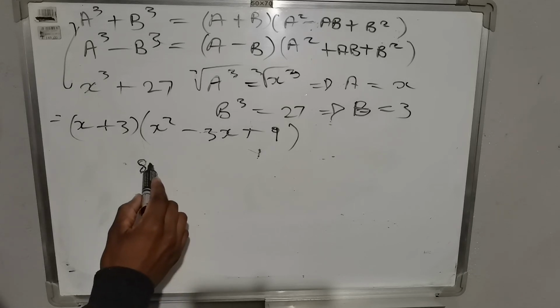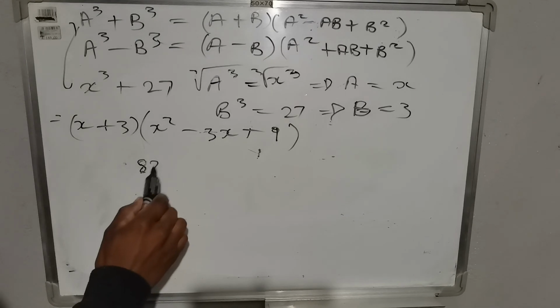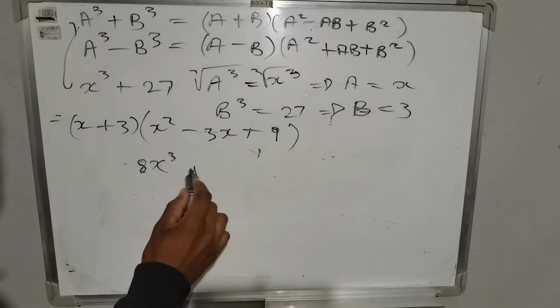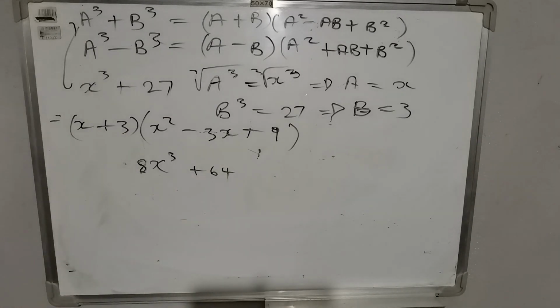Let's say x cubed plus 64. So here we are having a problem because we don't have a cubed root of 8, right? Oh, we do have a cubed root of 64.